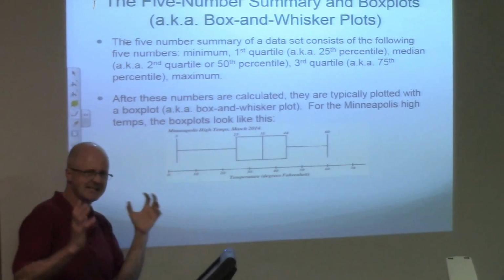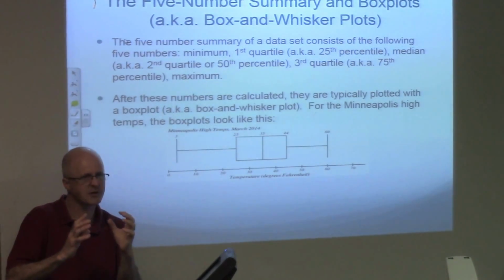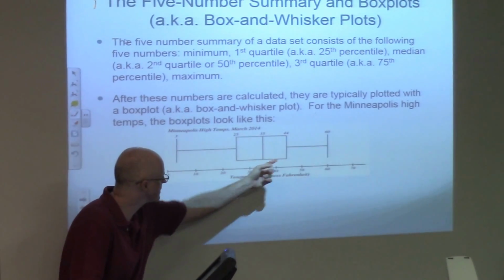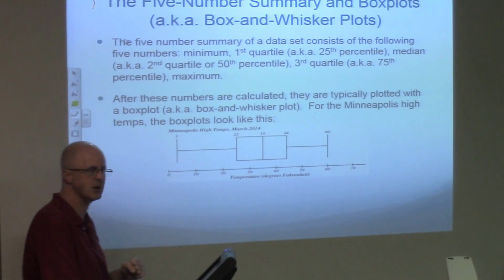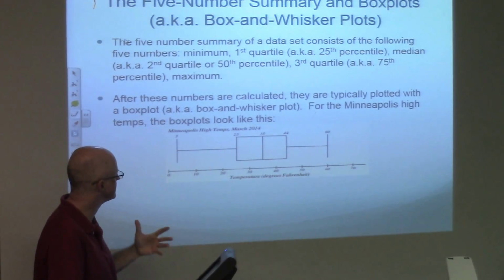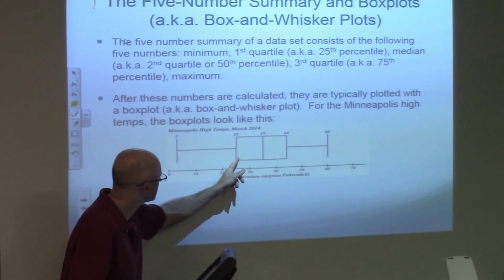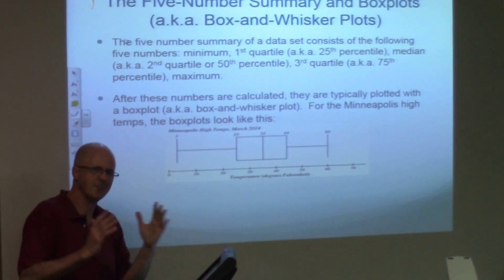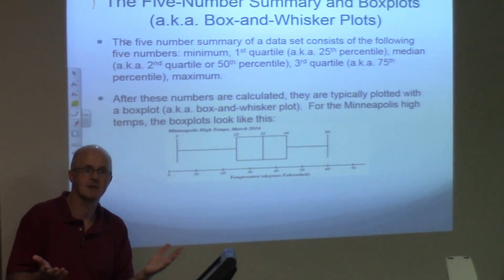The box emphasizes that the middle values are more important in terms of describing the distribution. If you look at the box, the first and third quartiles are pretty close in distance to the median. The first quartile is 10 units away from the median, and the third quartile is 9 units away. That middle of the data set is basically symmetric.